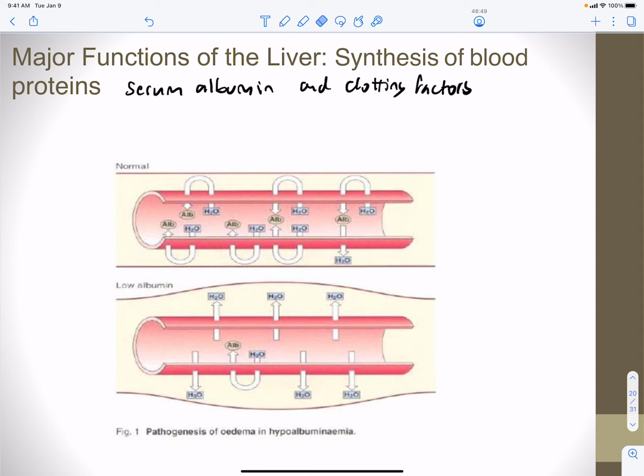So when you have the liver protein synthesis compromised, so if you have a condition of hypoproteinemia, this could lead to edema because of a decrease in protein-mediated osmotic pressure in the blood.